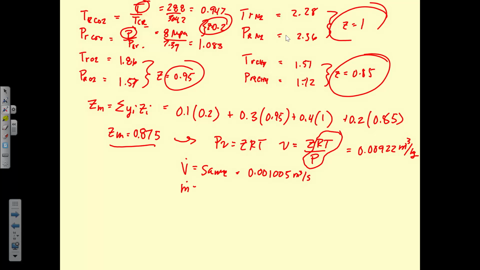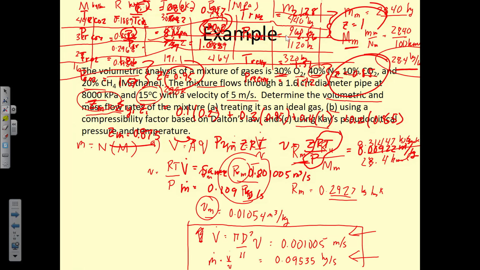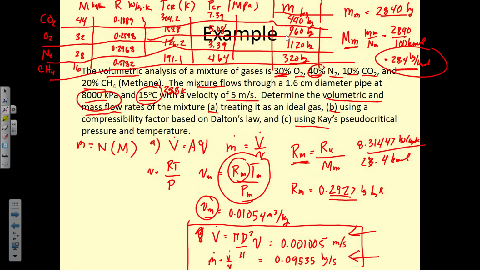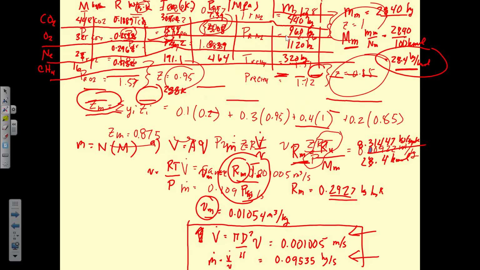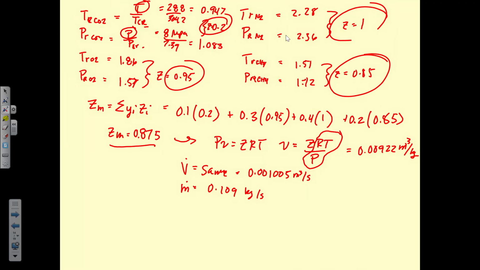But our M dot now changes to be 0.109 kilograms per second, whereas before it was 0.09, now it's 0.109. Okay, so it's increased a little bit using this new method. Okay, so that's using the compressibility factor and Dalton's law.